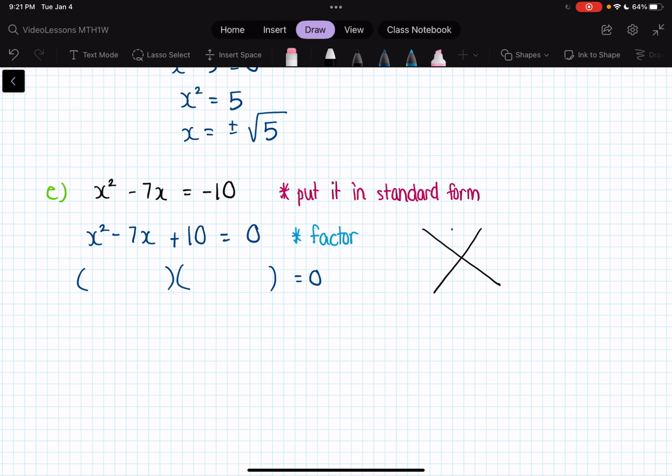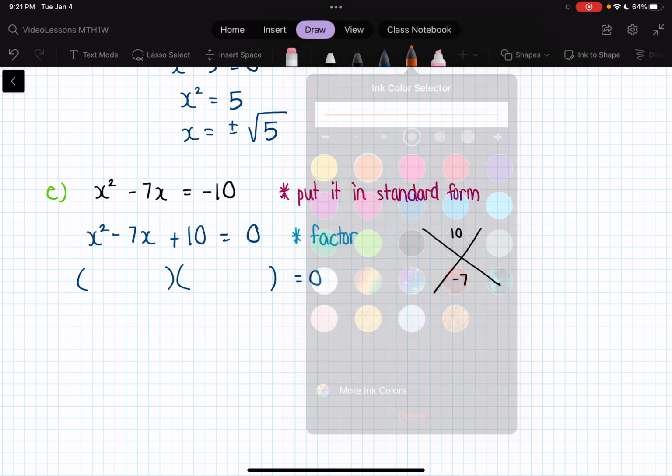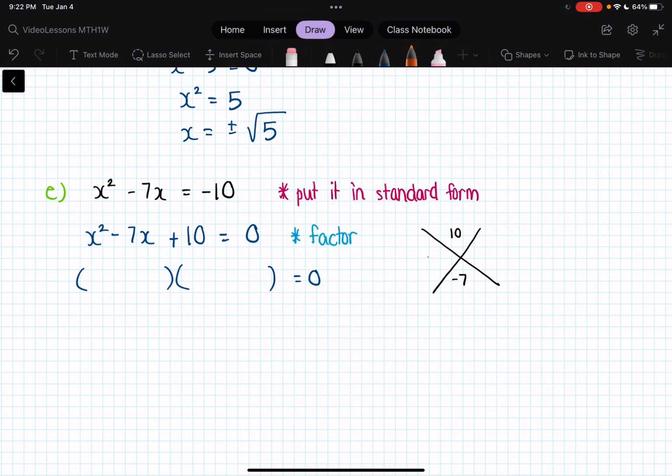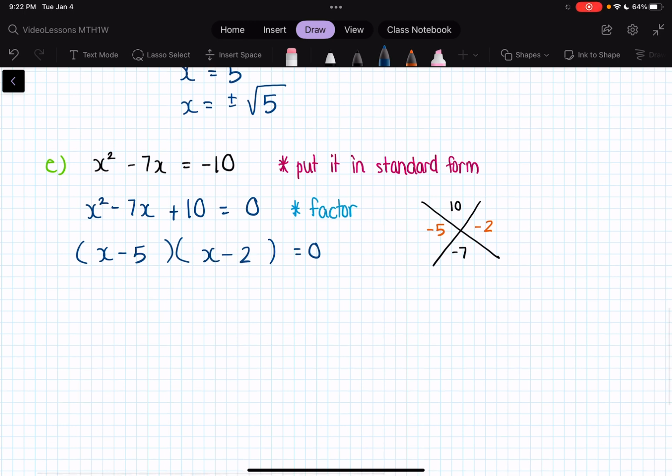Okay, so 2 numbers that multiply to 10 and add up to negative 7, and those 2 numbers are negative 5 and negative 2. So in my brackets, I will have x minus 5, x minus 2. This tells me then that I have x equals 5 or x equals 2.